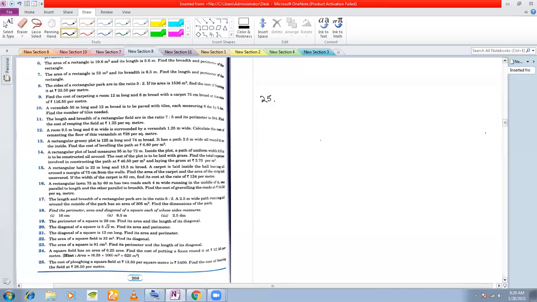The question is, the cost of plowing a square field at rupees 13.5 per square meter is 5400. Find the cost of fencing the field at 28.5 per meter. Very interesting question. First, plowing the field. What do you plow? You plow land, right? You're plowing the area of the land.